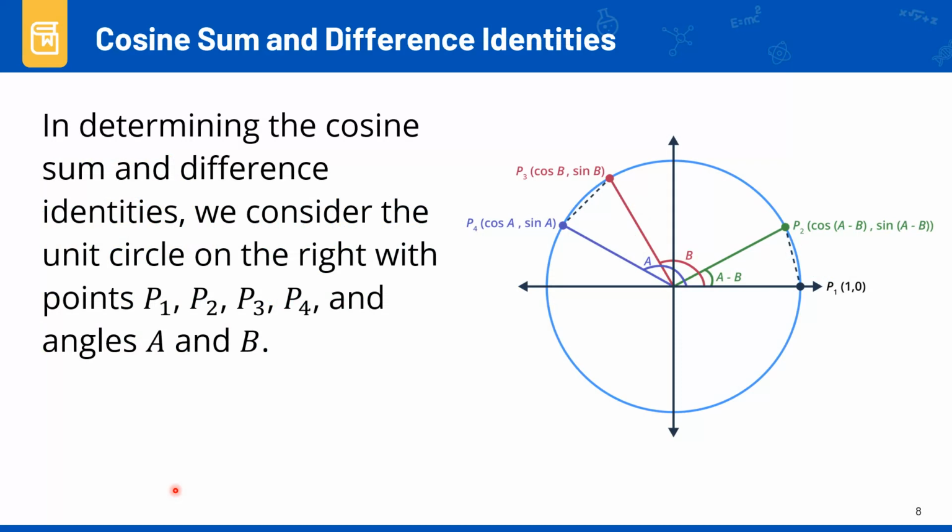Let's start with the cosine sum and difference identity. As you can see here, we have two angles.